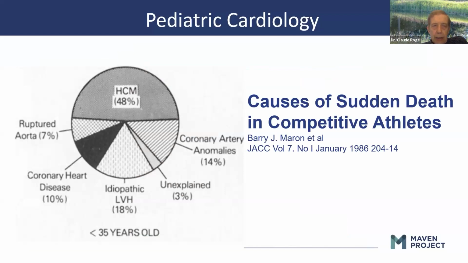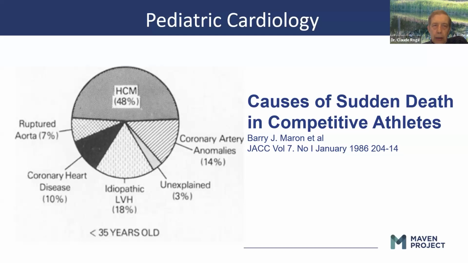So these are the most common causes of sudden death in competitive athletes. And by the way, this study was done on athletes younger than 35 years of age. So some of the conditions, like coronary heart disease, are of course very rare in children. Coronary artery anomalies, however, are going to be the second cause of death in children, so it's something to keep in mind.